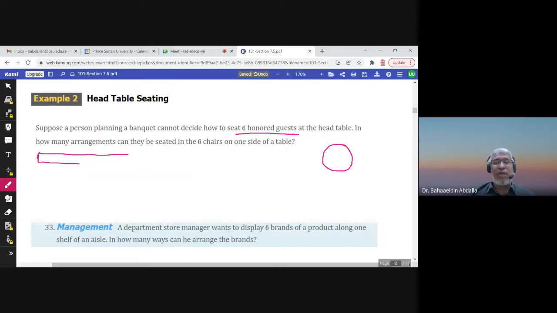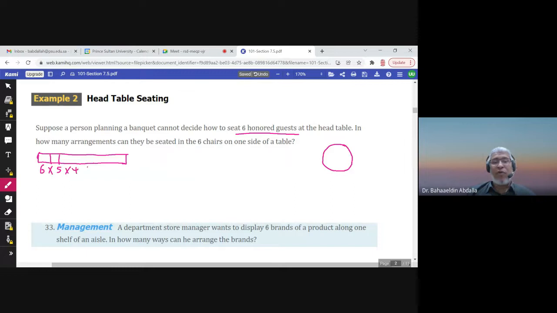then let us think step by step. The first chair. Now, let us seat one of them in the first chair. How many possibilities are there? We have 6 honored guests. So any of the 6 could be seated here in the first chair. In the second chair, only 5 because one of them has already been seated.